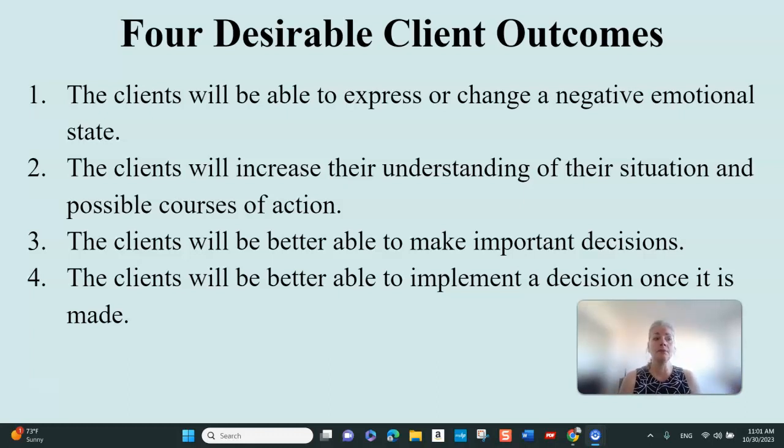And then we want to empower the client to make better decisions for themselves. Those are things we want to try to put into the client's realm so that we're not making decisions for them. Making decisions for them does not improve their decision-making skills. It doesn't improve their self-determination or their self-efficacy.